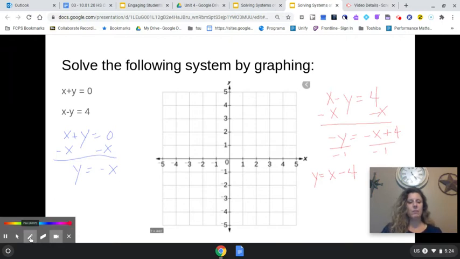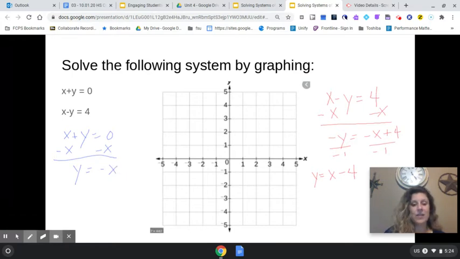So in blue, I have the equation y equals negative x. There is no y-intercept in that equation, so we would have to think the y-intercept is technically 0. So I'm going to mark a point at 0. And then my slope is negative 1. If I make that into a fraction, I'm going to go down 1 and right 1.